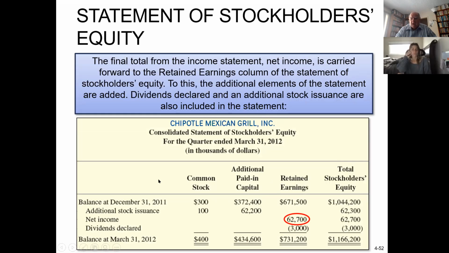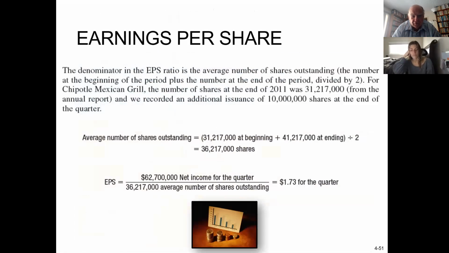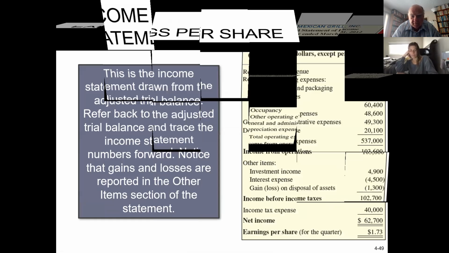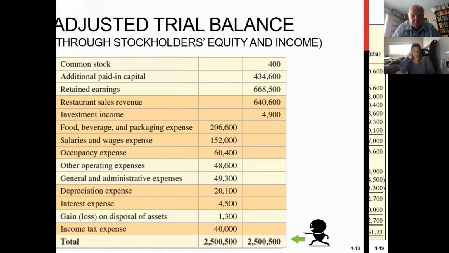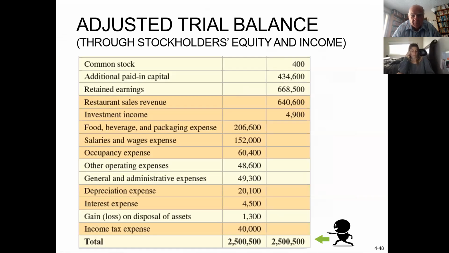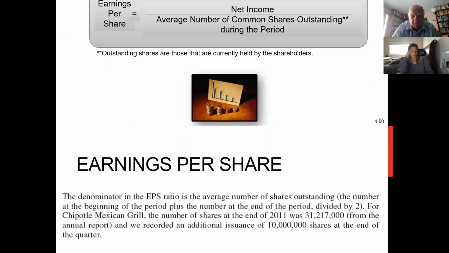Common stock line. Common stock is always a multiple of the outstanding shares. I'm just going to see if they give us that information here. Real quick. No, they don't. Okay, that's fine. We can work with that.